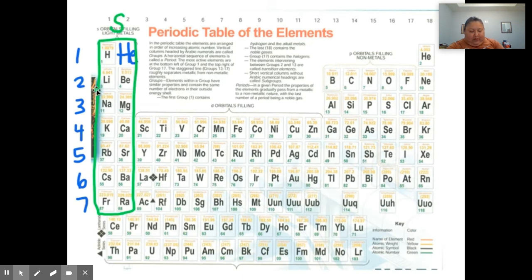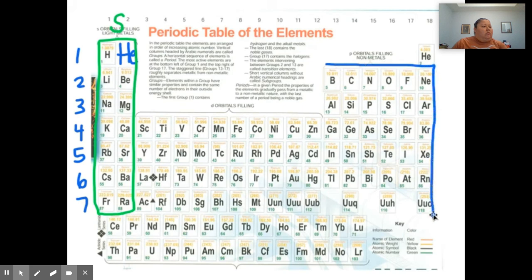And then if you want to, you can switch colors and come over here. And we're going to label the P block. So we're going to go right along here, excluding helium.